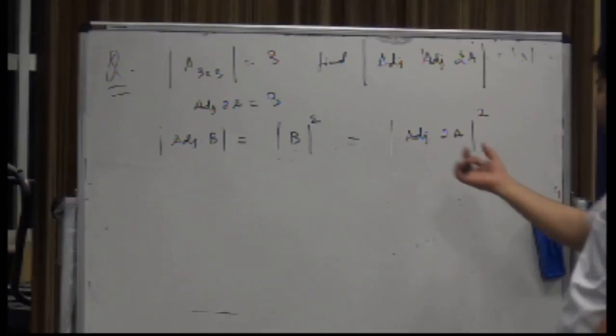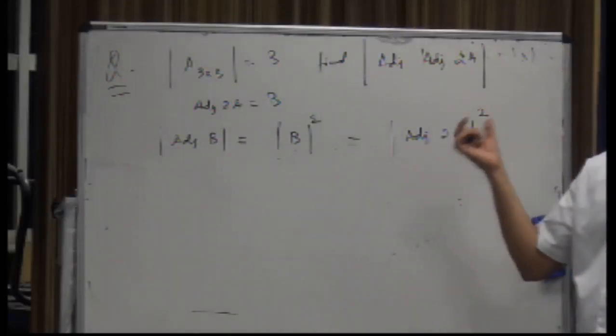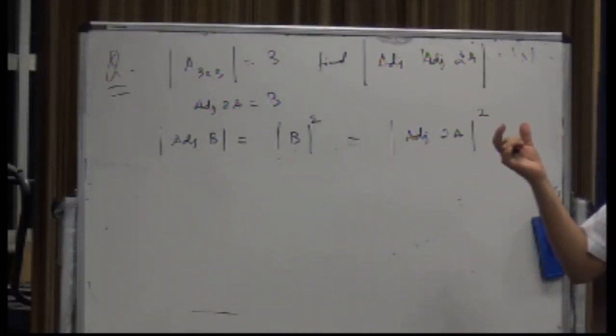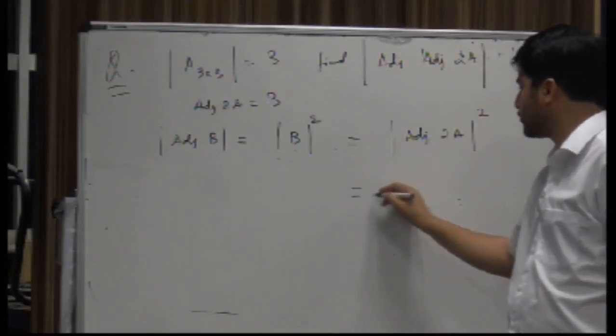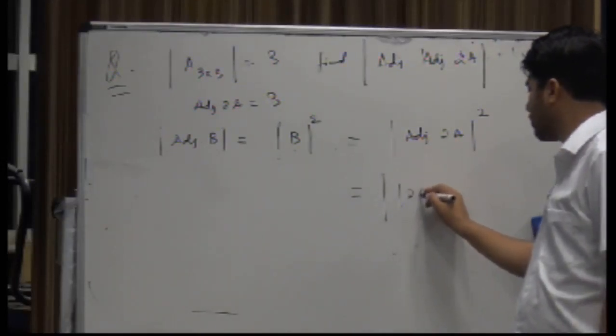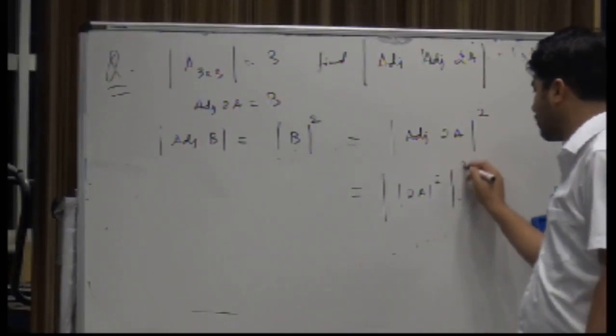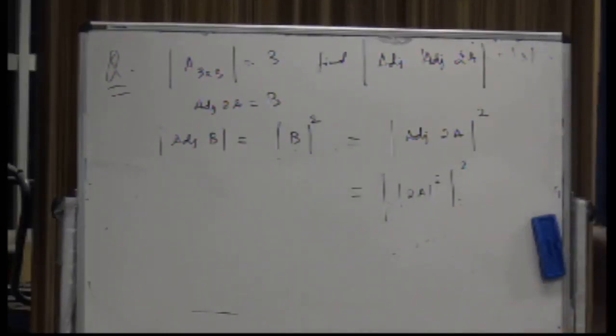Now what was the det of adjoint of K A? To the power n minus 1. Similarly this would result in, right, and what is det of K A?